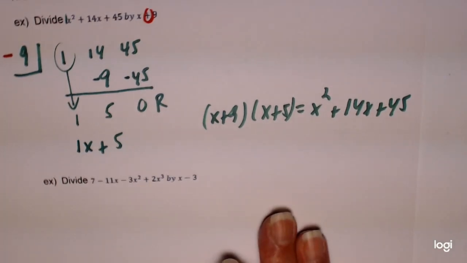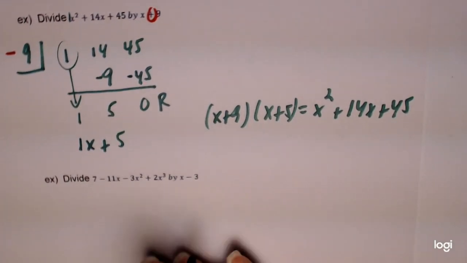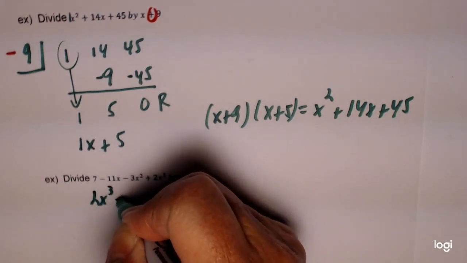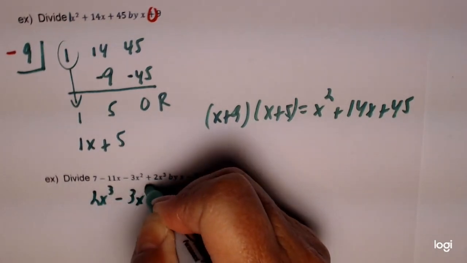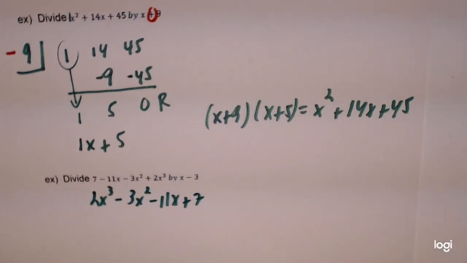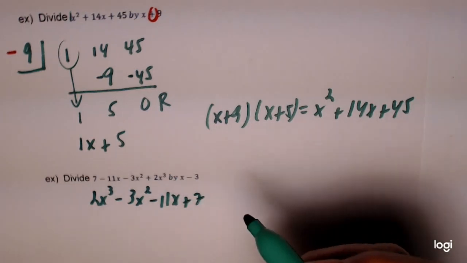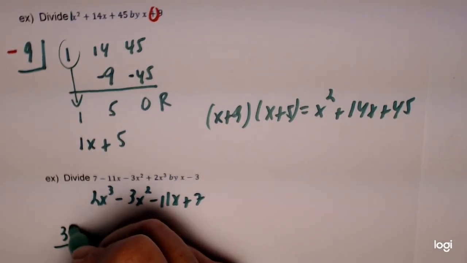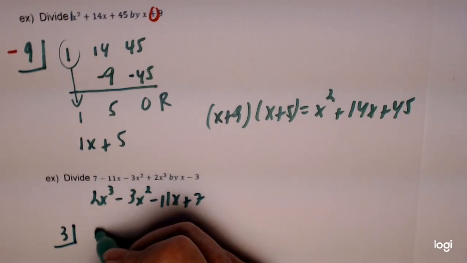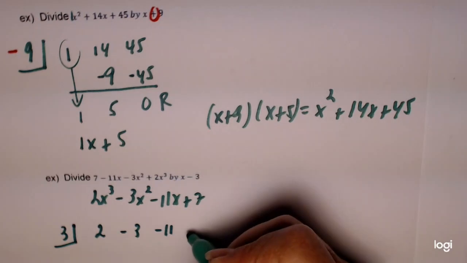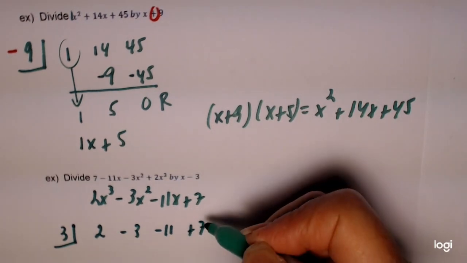Next example here. Again, we would have to rewrite this in order. We already did that, so 2x cubed minus 3x squared minus 11x plus 7. So we take our 3, and now let's write our coefficients: 2, minus 3, minus 11, plus 7.